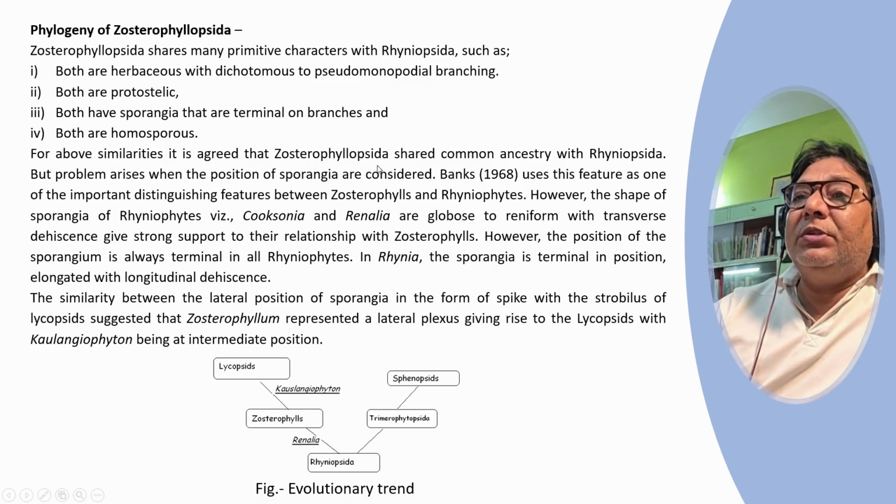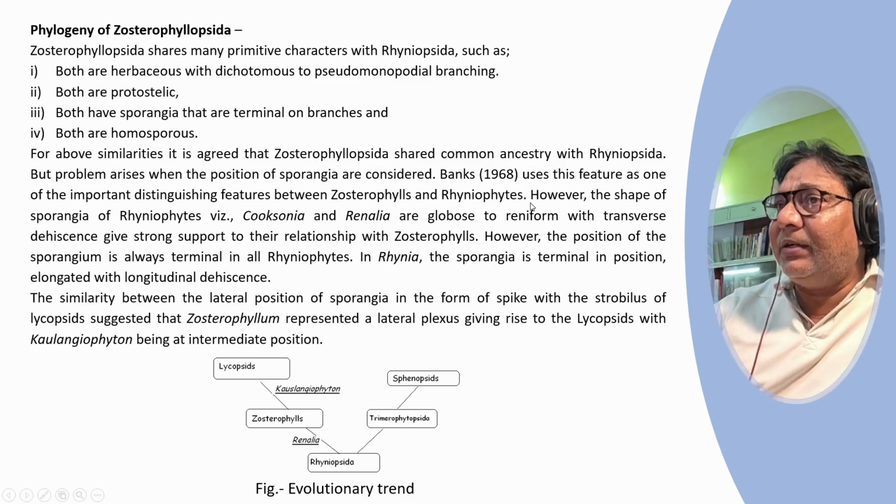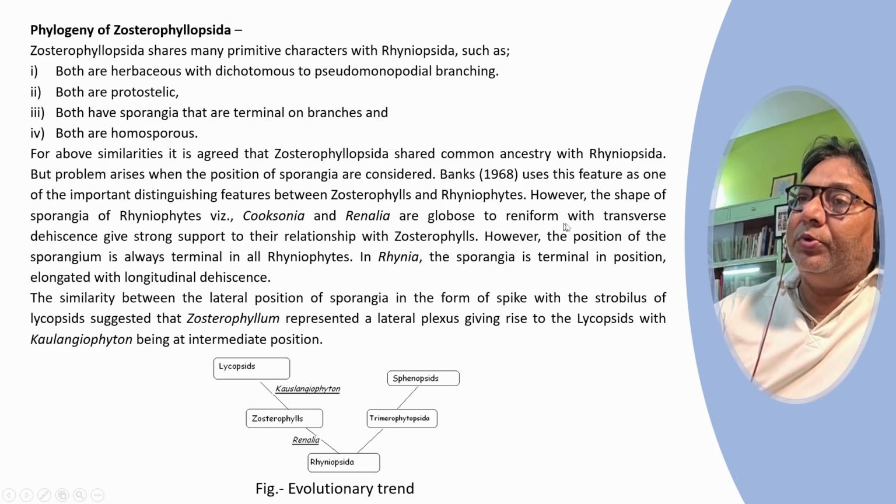For the above similarities, it is agreed that Zosterophyllopsida shared common ancestry with Rhyniopsida, but a problem arises when the position of the sporangia is considered. Banks uses this feature as one of the important distinguishing features between Zosterophylls and Rhyniophytes. However, the shape of the sporangia of Rhyniophytes like Cooksonia and Renalia is globose to reniform, which is quite similar to the Zosterophylls, and transverse dehiscence gives strong support to their relationship.